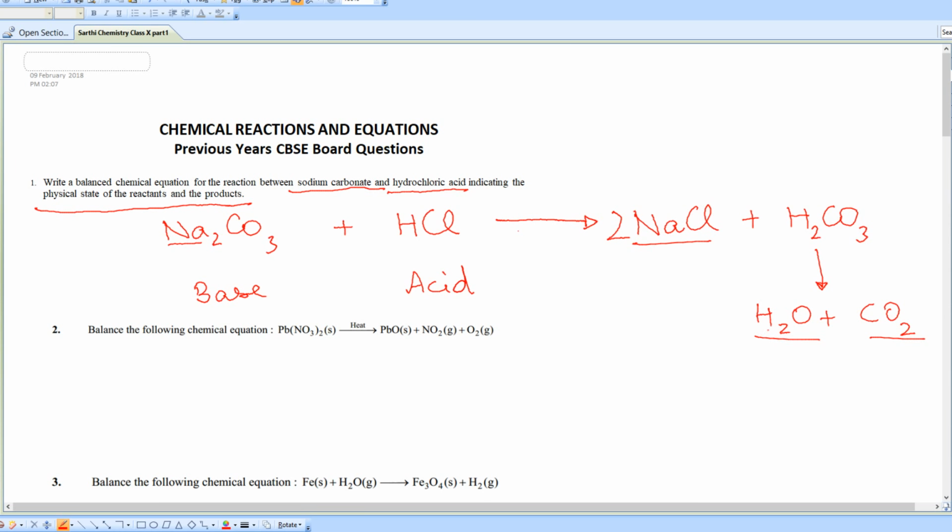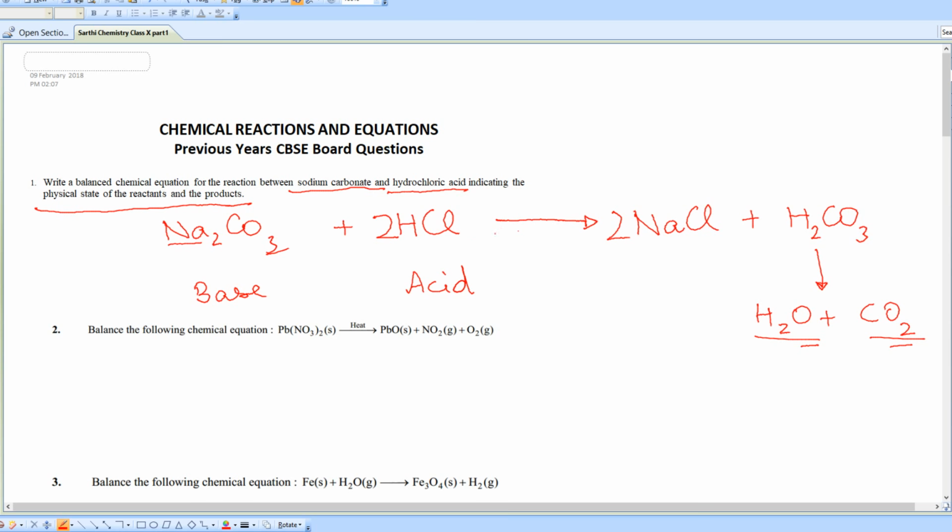In case of hydrogen we have two here and here we have only one hydrogen, so we will put two here, and chlorine atoms are also two here and two here. So this equation is balanced. Now lastly we check oxygen atoms. Oxygen atoms on the left hand side are 3 and on the right hand side 1 plus 2, 3. So oxygen is also balanced.